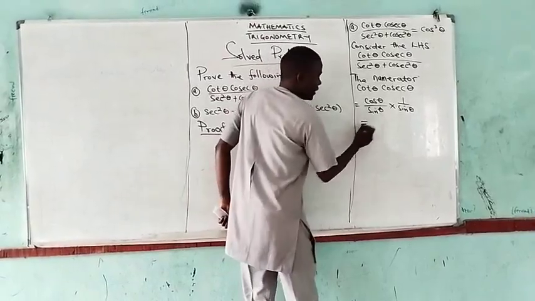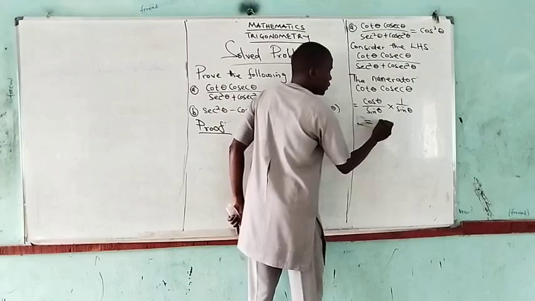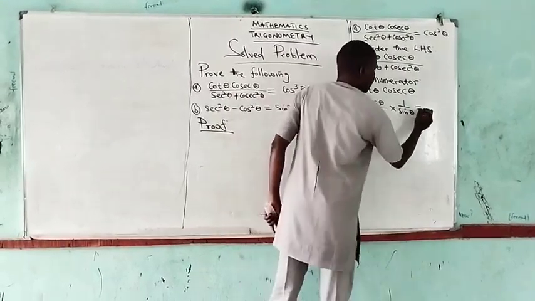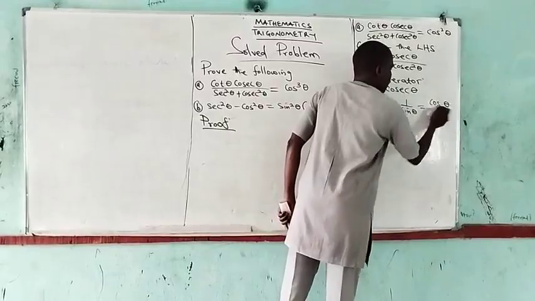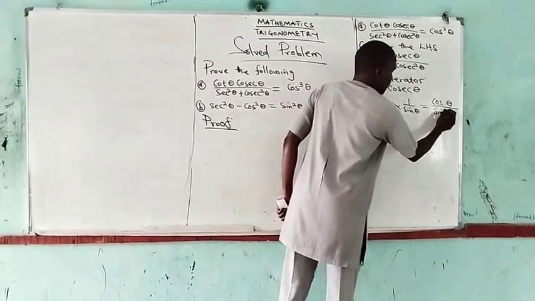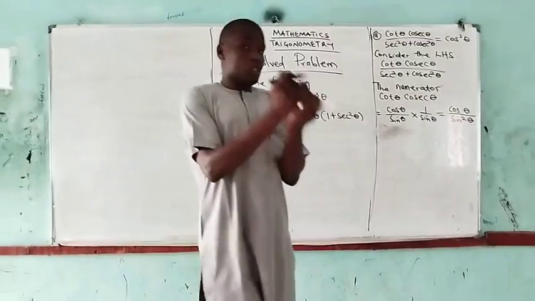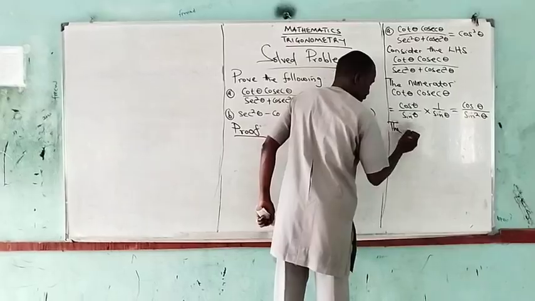Let's simplify: cos theta times 1 is cos theta, divided by sine theta times sine theta, which is sine square theta. This is my numerator.